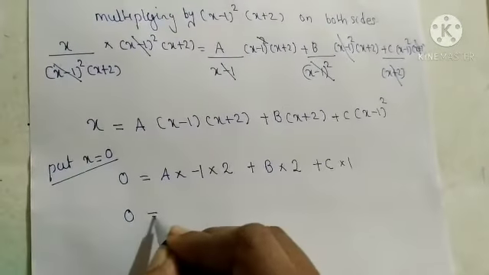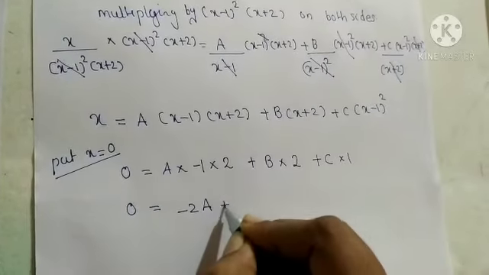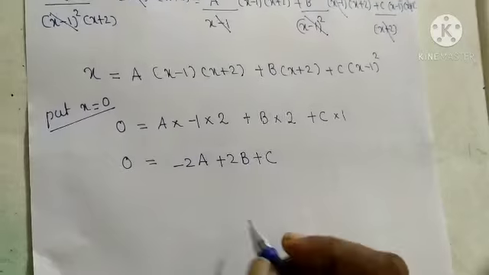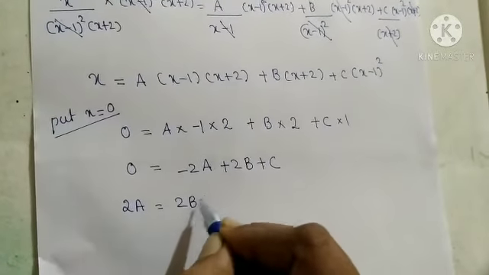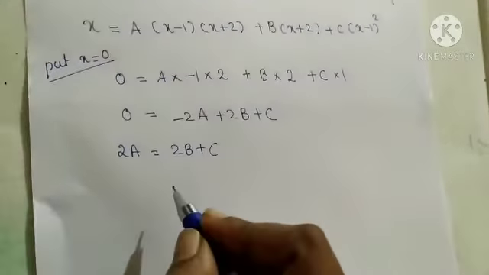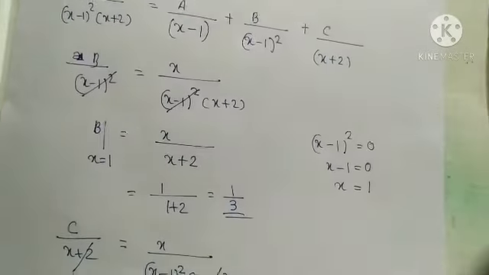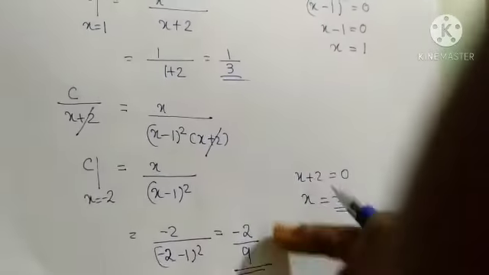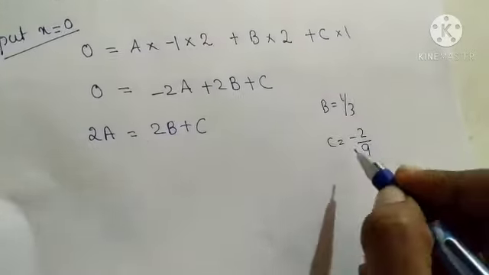Or it can be written as 0 equal to minus 2a plus 2b plus c. From this we get 2a equal to 2b plus c. Right. So we know the value of b is 1 by 3 and c is minus 2 by 9. So substituting the values of b and c here.